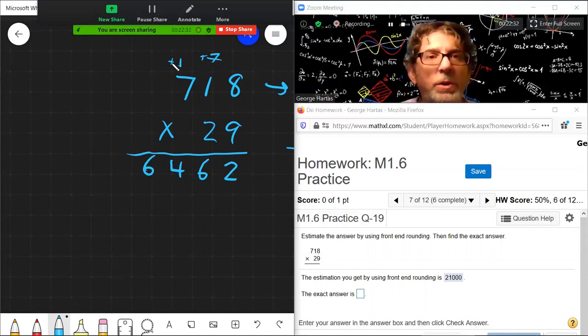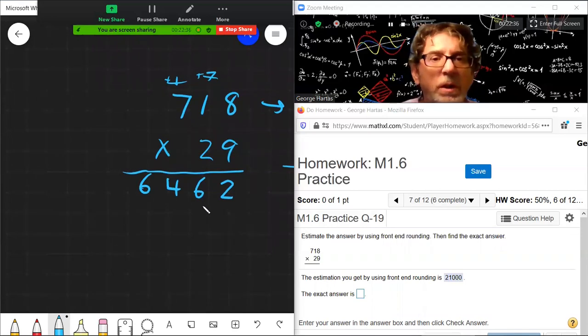And now we're going to switch gears to the 2. 2 times 8 is 16. 2 times 1 is 2, plus 1 is 3. 2 times 7 is 14.